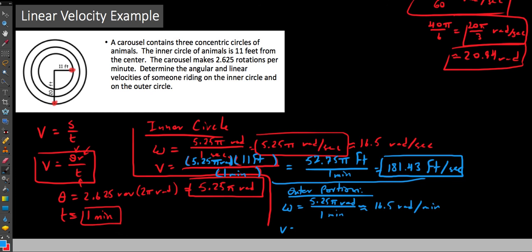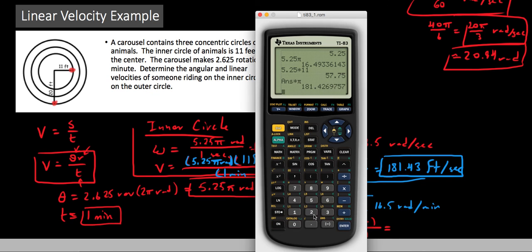But when we look at linear velocity, the thing that's changing this time is that our factor of our radius is a little bit bigger. That is to say that we still go through 5.25 pi radians for our angle here, but our radius becomes 20 feet. If you look at this diagram here, 20 feet, and this is in 1 minute. So how much of an impact does this make here?